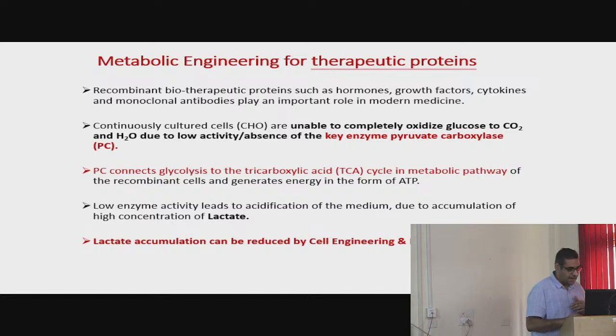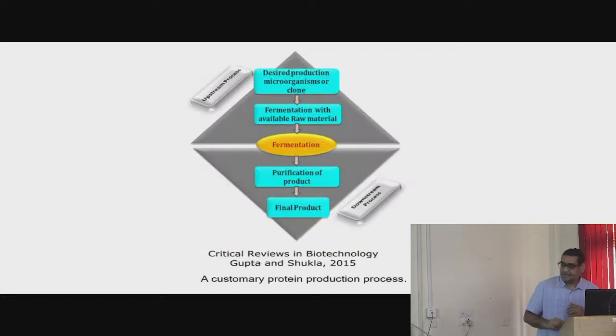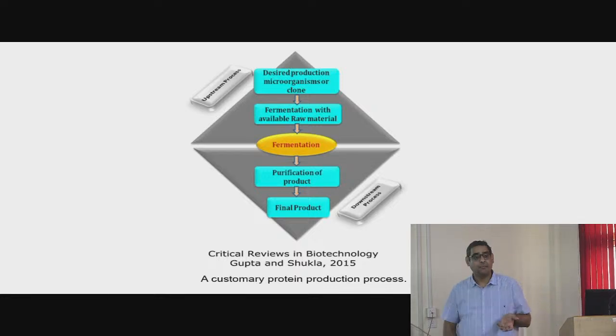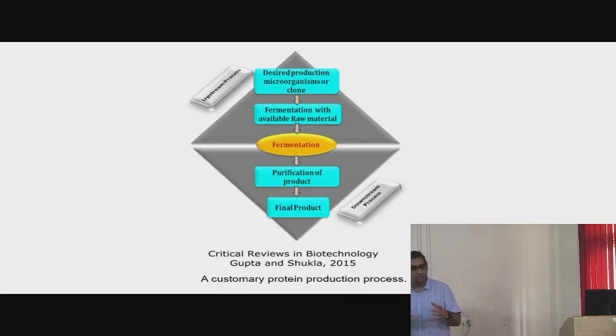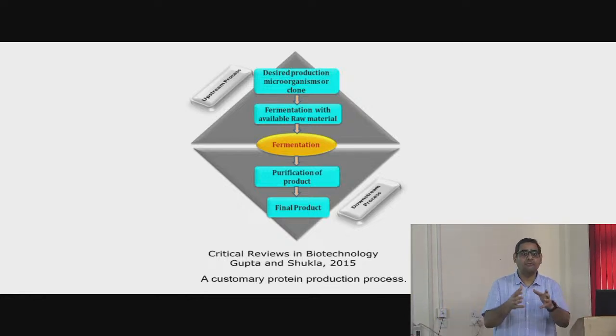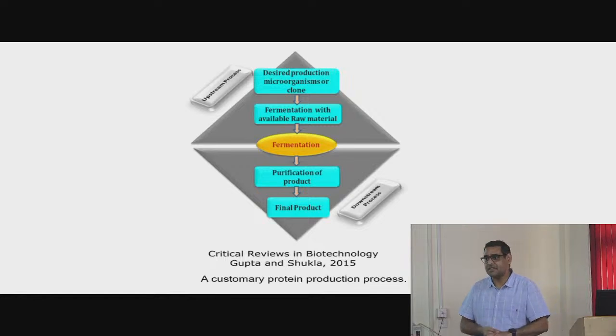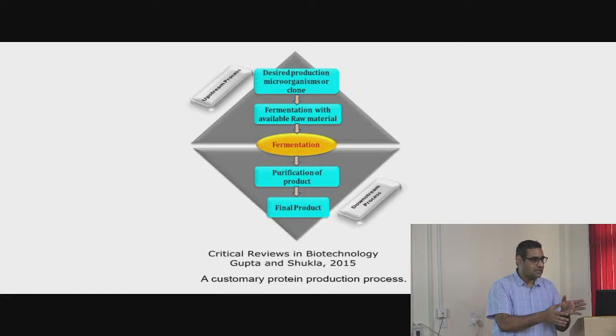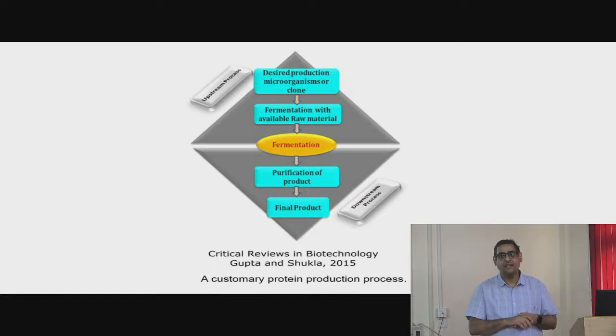This is the strategy which we used, but it is a customary process, meaning normally we use it. If we want to have products like a therapeutic protein, or whatever product you get from fermentation, because all products produced for therapeutics or drugs come from fermentation and large scale production, you do it like this.